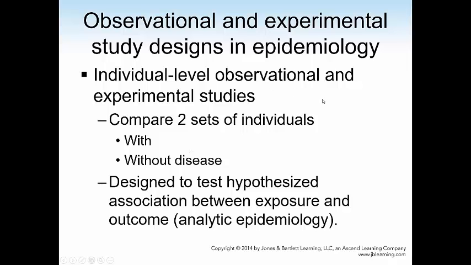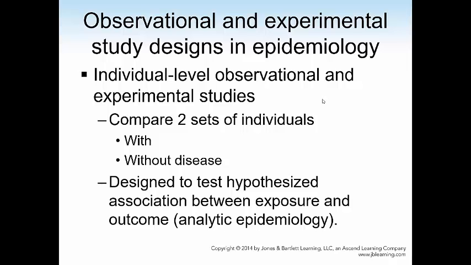Now, as opposed to an individual level observational study design. With an individual level study design, you have two sets of individuals. This is what I'm more familiar with. I like being able to compare two sets of groups. For example, compare one group with disease and one without disease.